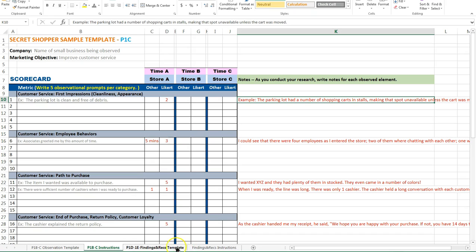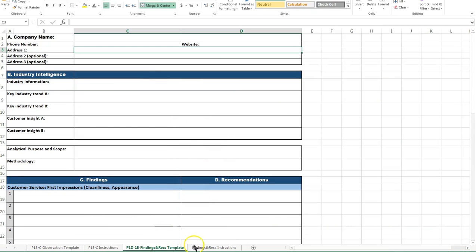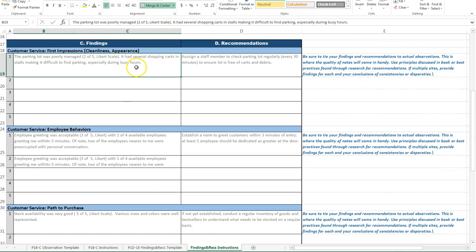Okay. And you copy and paste your 1C over here. And then in this case, I'll want to have my findings, and it really needs to correlate and map back to my numerical observation, how I assigned my Likert scores, as well as my notes. So I'm now providing a narrative of what I saw.